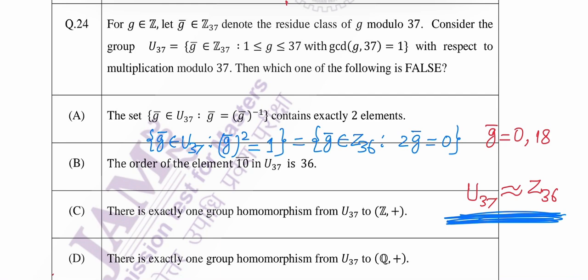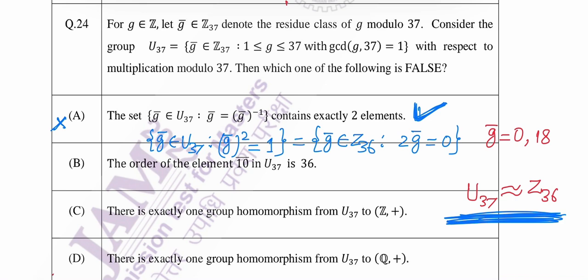You will not get any more elements in this group. There are only these two elements. So the statement in A is correct. I take this tick mark, but we have to choose the false one, so this option should not be marked in the examination, because this is a correct statement.